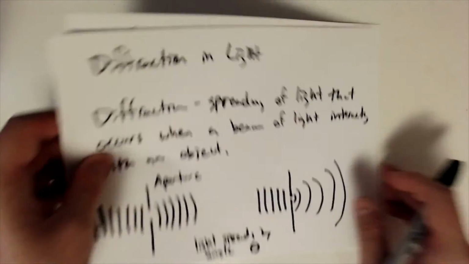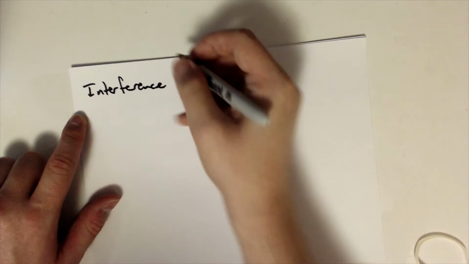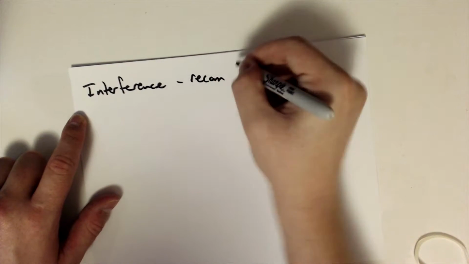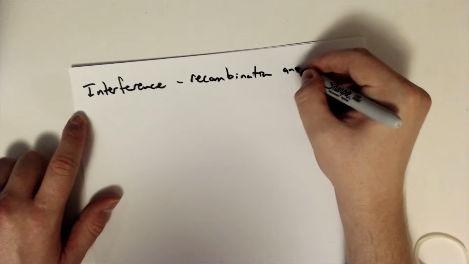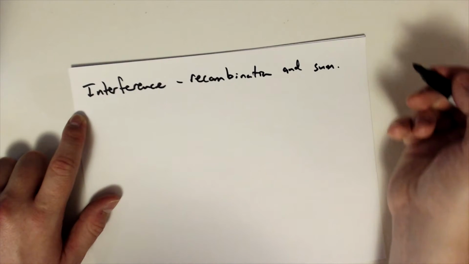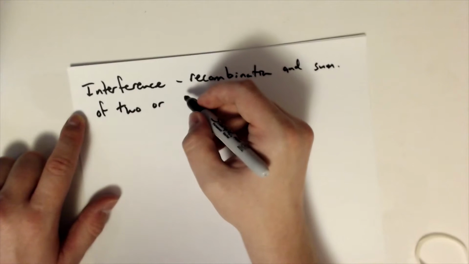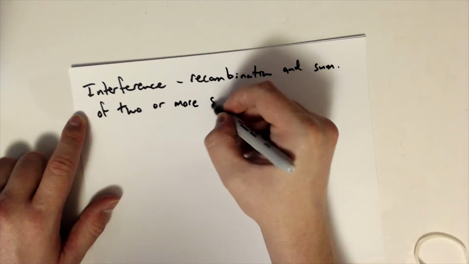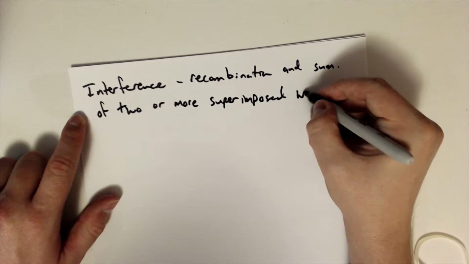Interference is the recombination and summation of two or more superimposed waves.